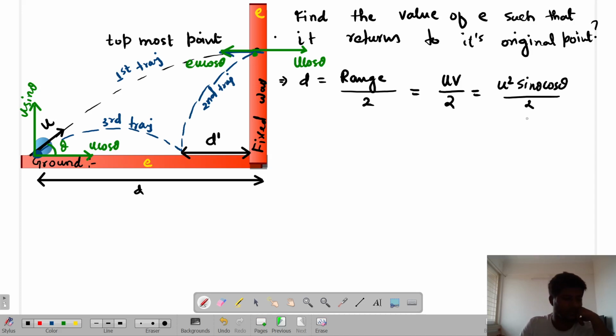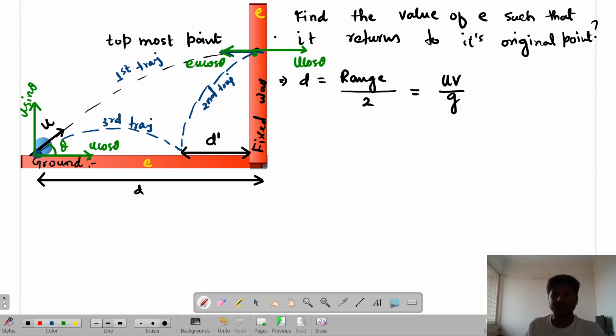I think I can write this as UV by g. So this is u square sin theta cos theta. Basically, I'm writing range as UV by g. Whenever you want to write range, it is just UV by g. Are you able to get me or not?